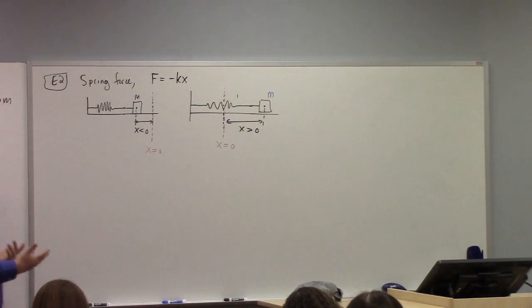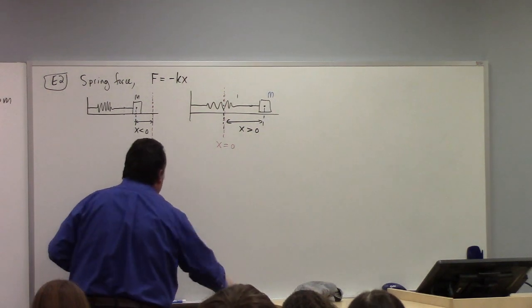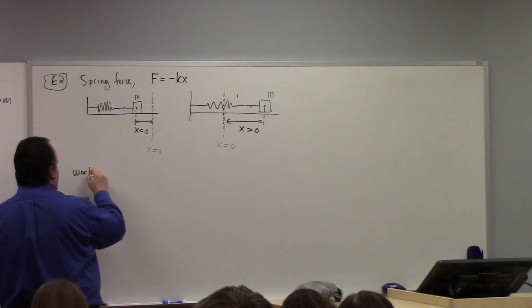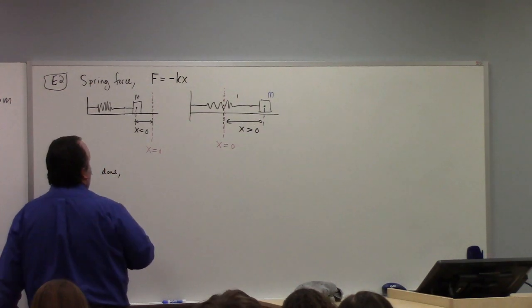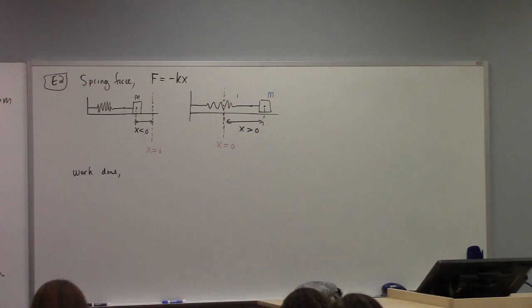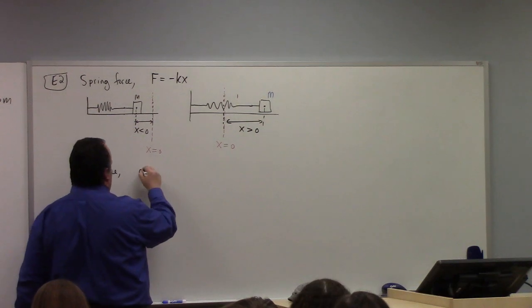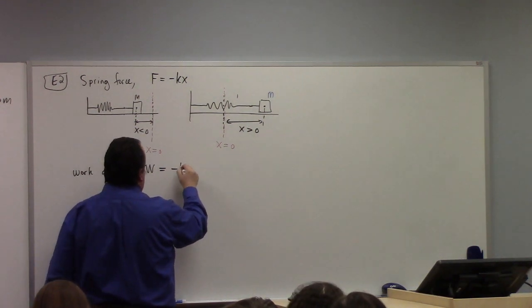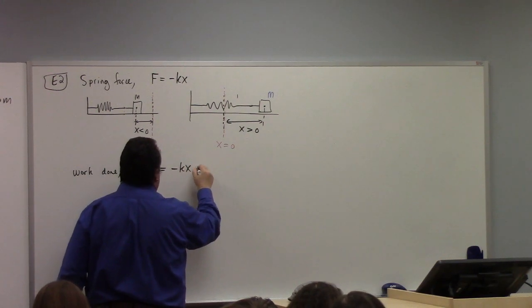So we can calculate the work done in this case, right? So what's the work done? Let me show you how my Calculus 2 professor showed me this, and I think it's a good way. He's like, well, if you calculate the infinitesimal work done by the spring force, it would be minus kx dx.